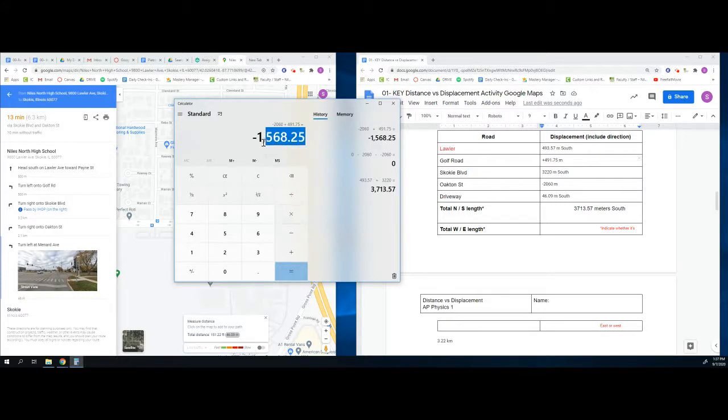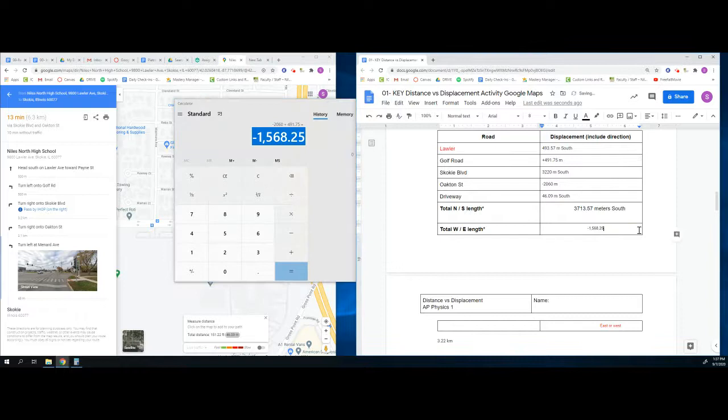And this is my value. And remember, negative means west. So I'm going to write that value in, and instead of writing that negative sign, I'm going to make sure I write west here. Okay, hopefully that wasn't too confusing.